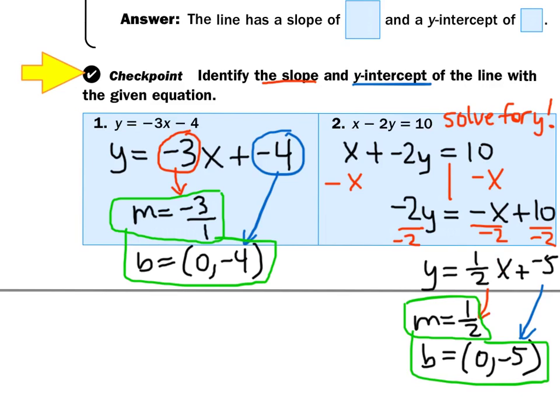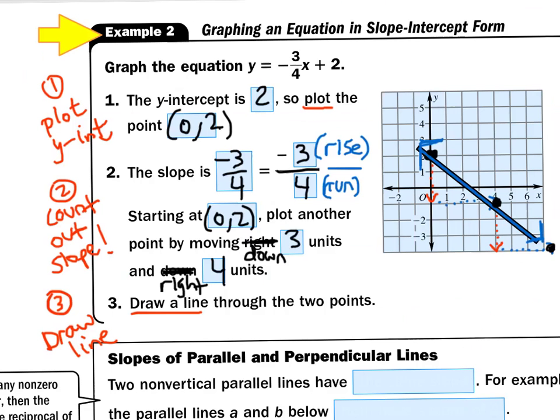I bring down the x plus, and then 10 divided by negative 2 makes negative 5. So now that I have my equation y equals 1/2 x plus negative 5, I can identify the slope. The slope is always the number in front of the x, the 1/2, and the number that's being added, the negative 5, is my y-intercept. So I write it like a point, (0, -5).